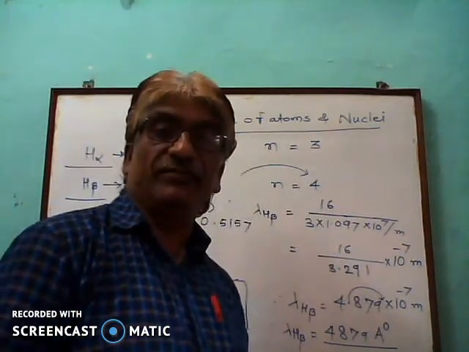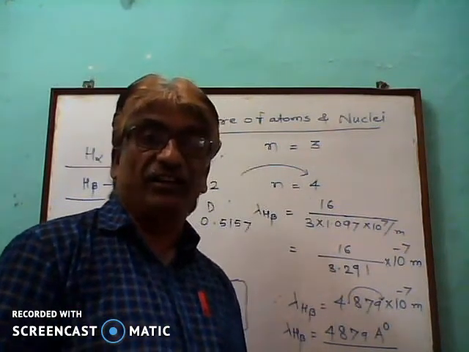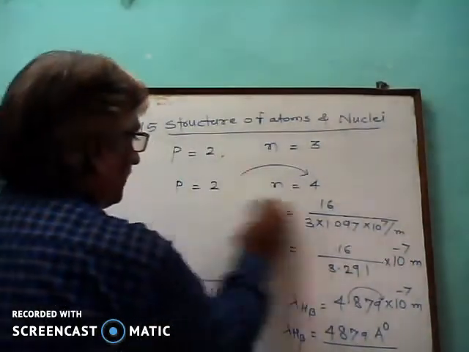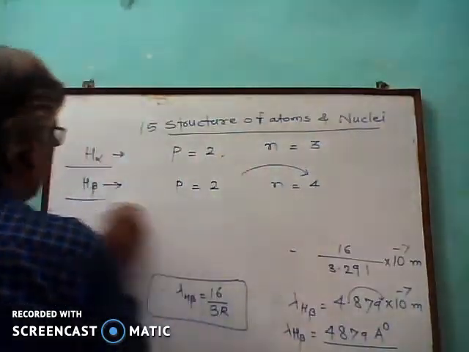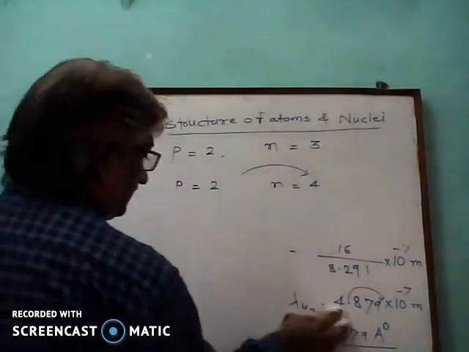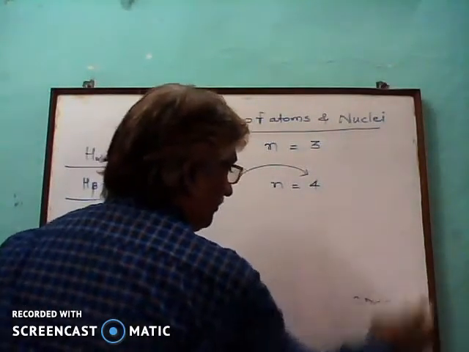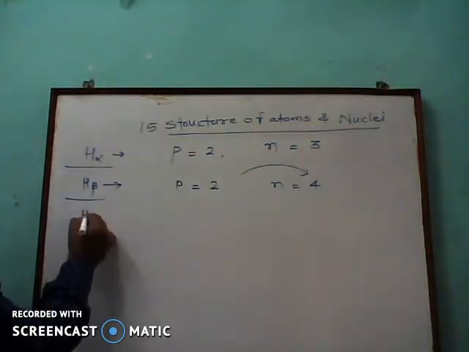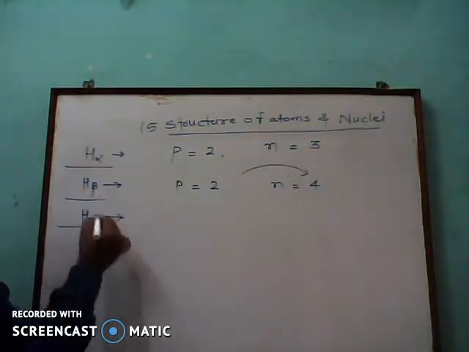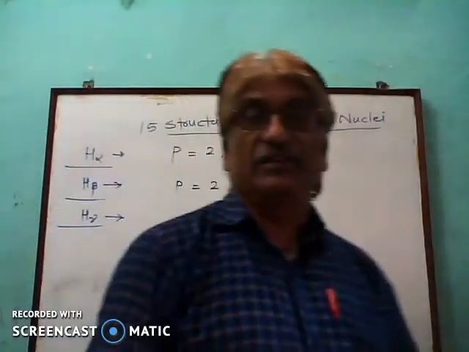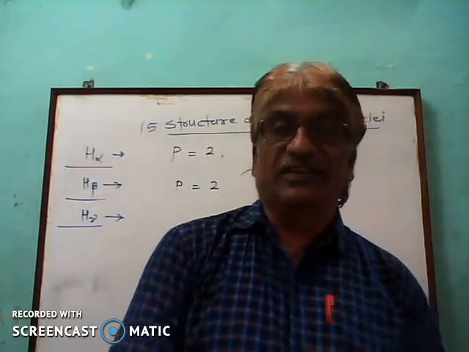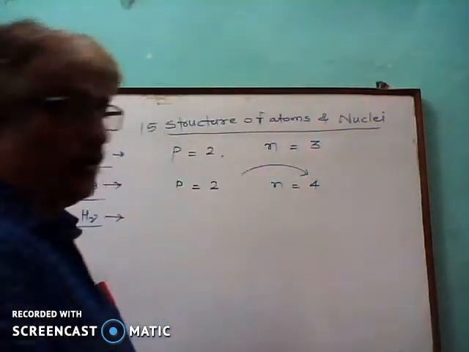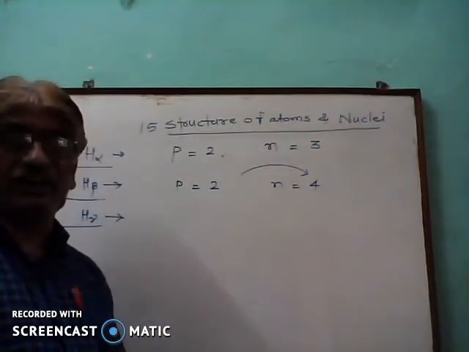If we take the third line, that is the H gamma line. For the H gamma line, it is defined as the transition of an electron from the fifth outer orbit to the second inner orbit.